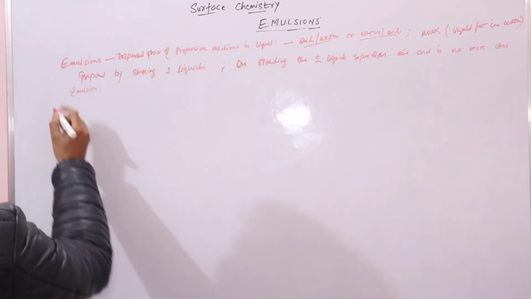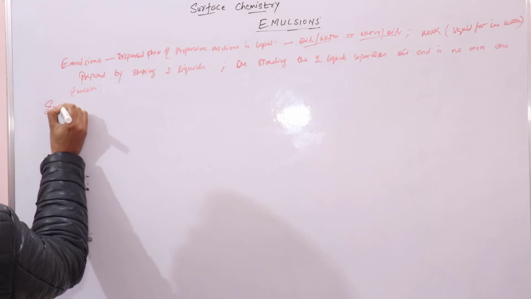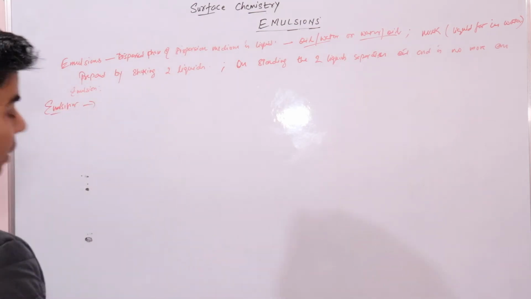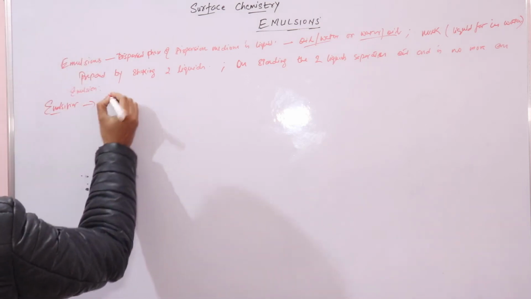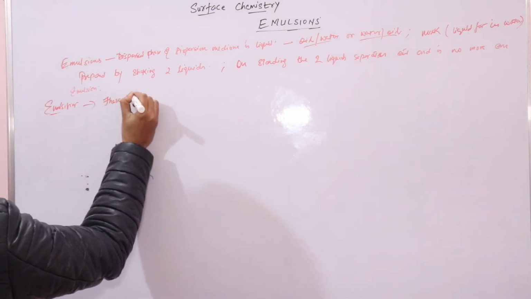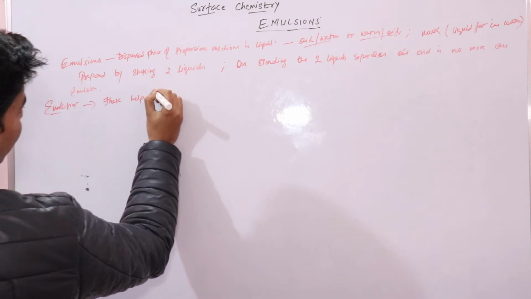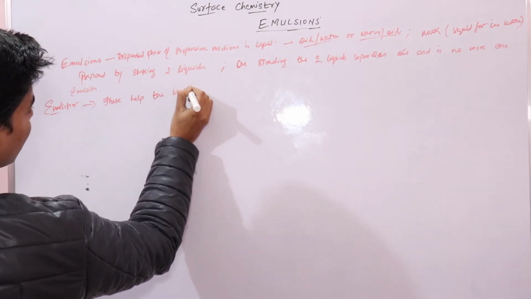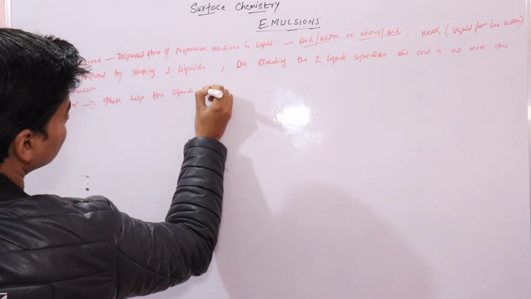So we have something known as emulsifiers or emulsifying agents. These help the two liquids to intermix.